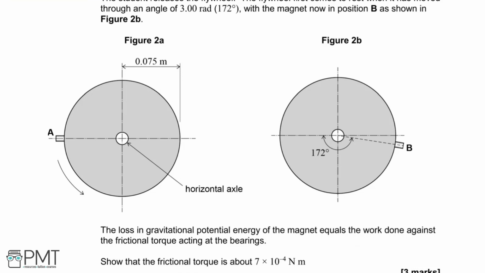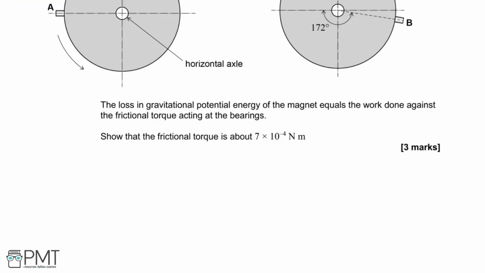So we've got figure 2A and 2B there, with the flywheel as described, and the magnet in positions A and B. The loss in gravitational potential energy of the magnet equals the work done against the frictional torque acting at the bearings. Show that the frictional torque is about 7 times 10 to the power of minus 4 Newton meters.